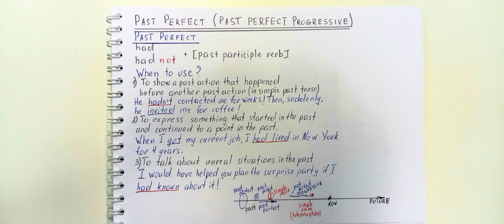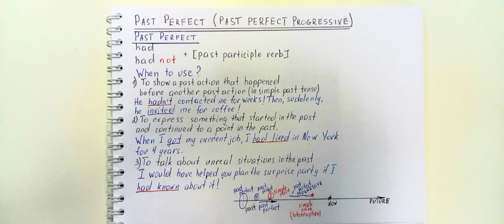So we use the past perfect tense in a few different situations. The first two, I feel, are probably some of the more common ways to use them. Let's look here first. We use past perfect tense 1 to show a past action that happened before another past action.